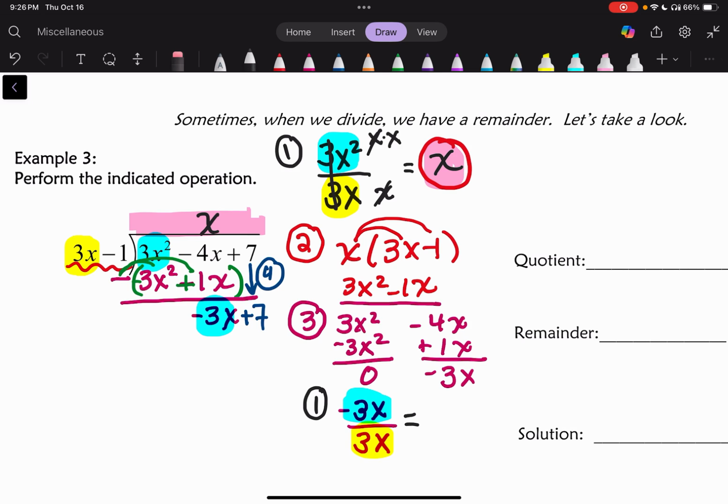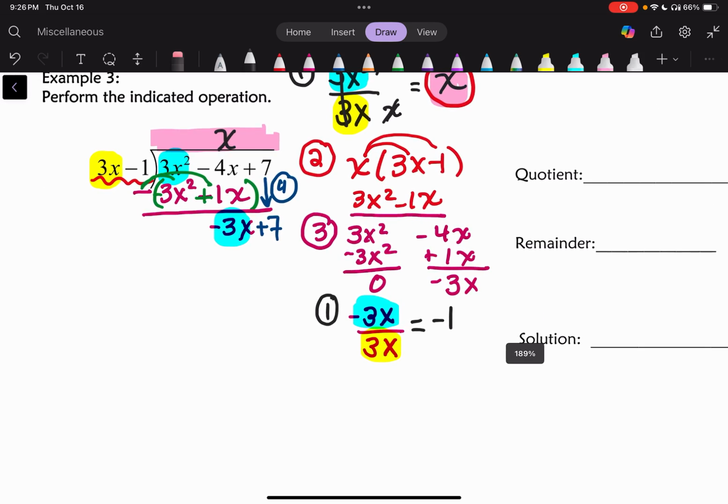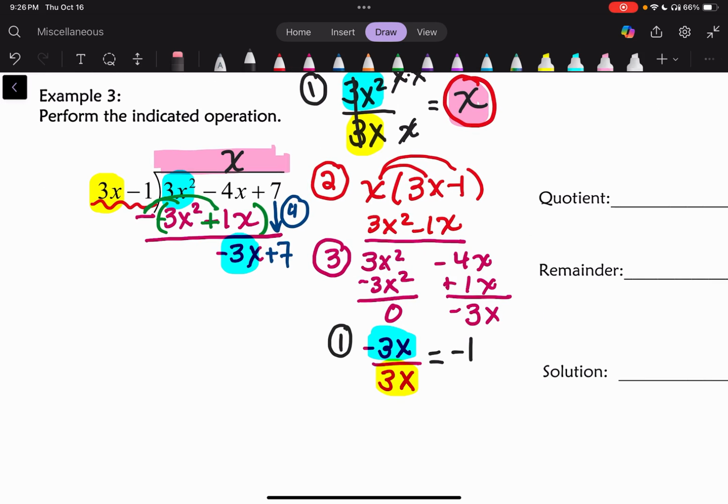So then from there, we can see that negative 3 divided by 3 is going to give us negative 1. And the x's are going to cancel each other out, so we just have that negative 1 there. So we just did step 1. After step 1, we should be thinking, ding, ding, ding, I gotta put this number right here. After I divide it, I gotta put it up here as part of my answer. It's gonna be minus 1.